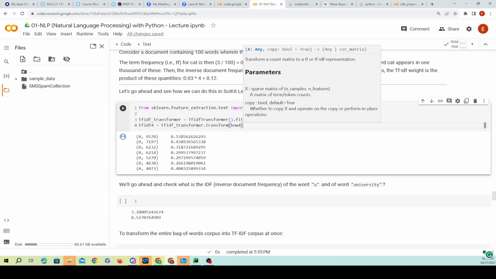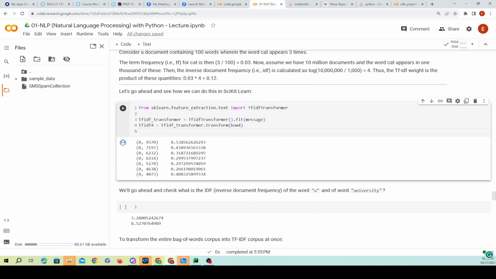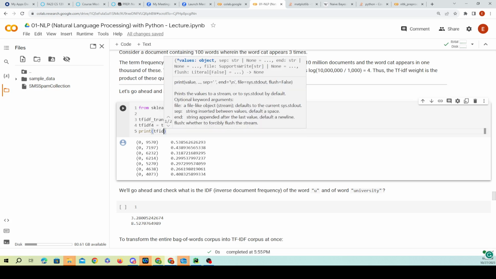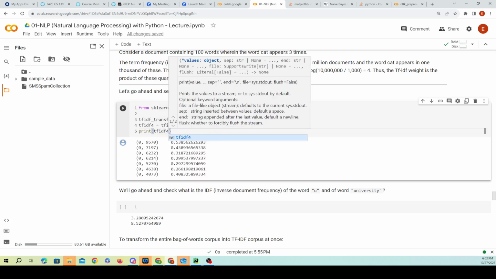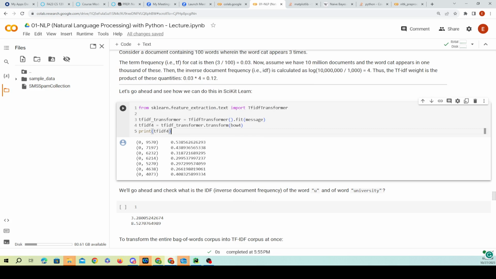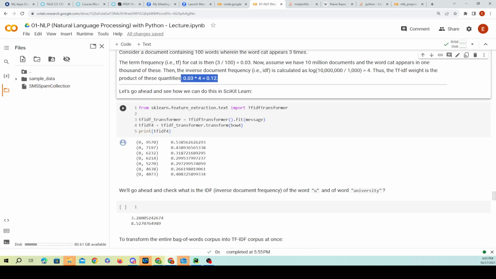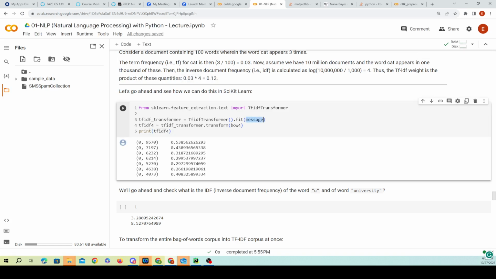We're testing it right now so you guys can see. And then we're going to print our TFIDF4. We're practically figuring out the weight value for our message number 4 for each word.